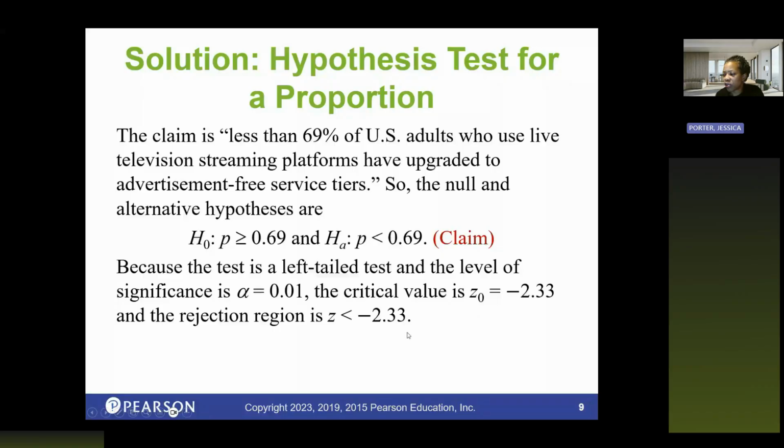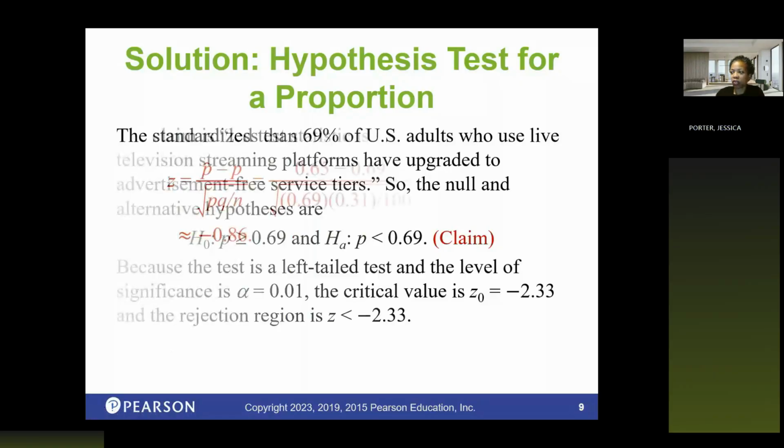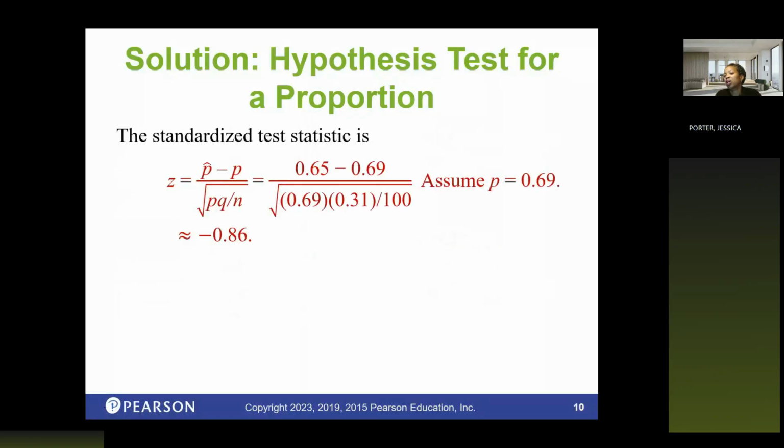That is what we're going to use to define the rejection region. And we need to calculate the standardized test statistic. So that's 0.65 minus 0.69 over the square root of 0.69 times 0.31 divided by 100, which is approximately negative 0.86.